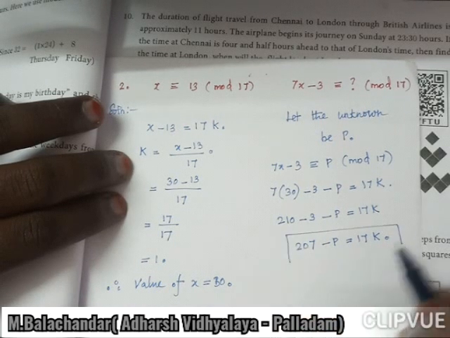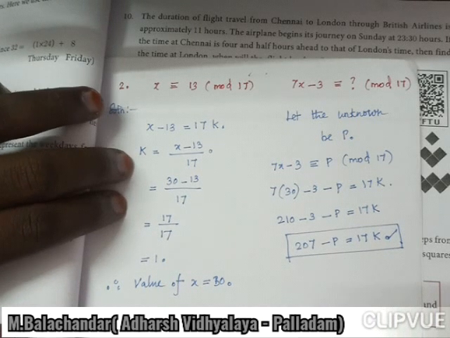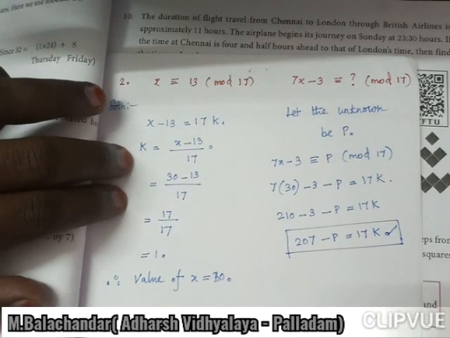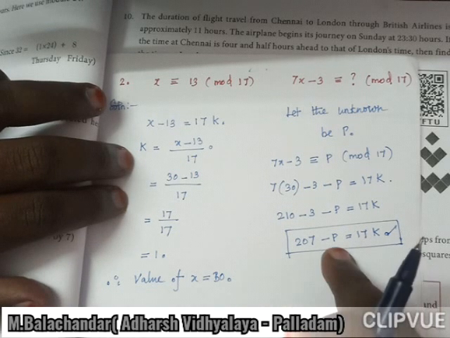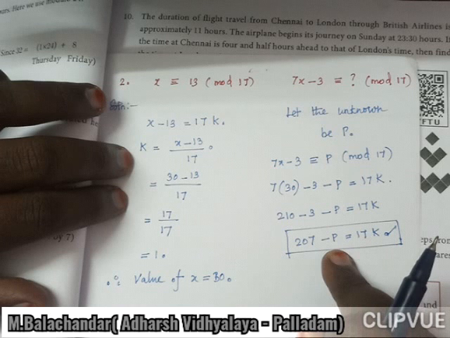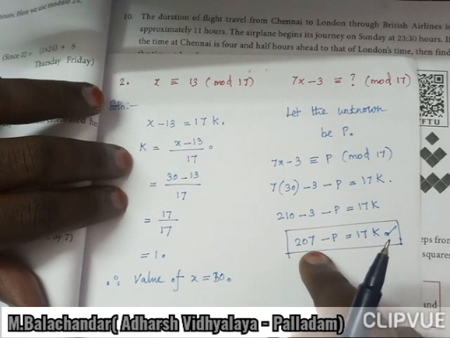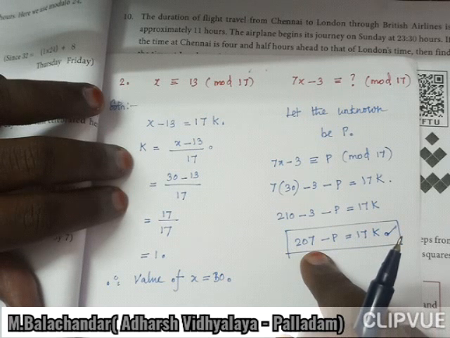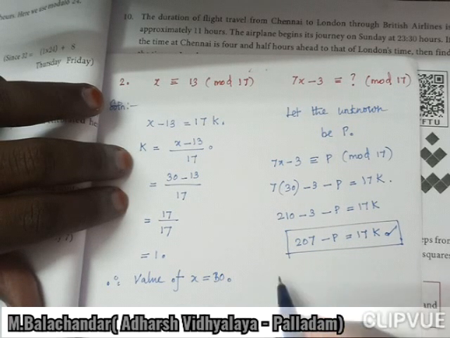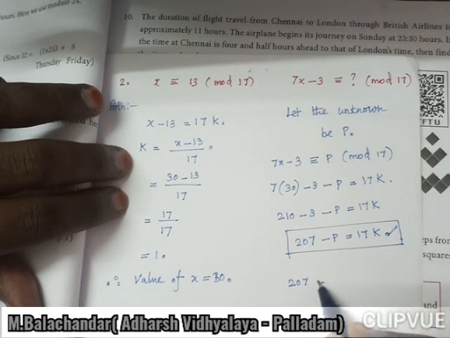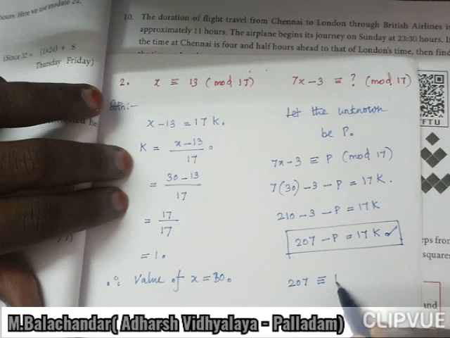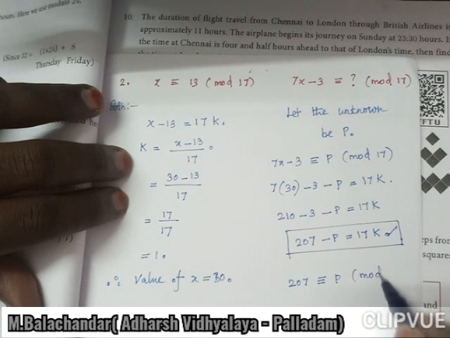This value will be a multiple of 17. So what is the value of p? This 207 can be written as congruent to p mod 17.